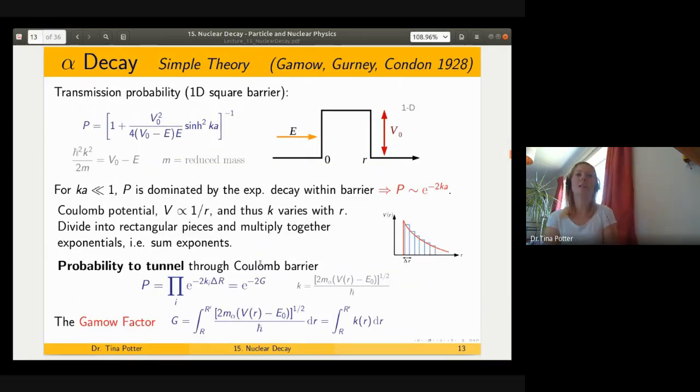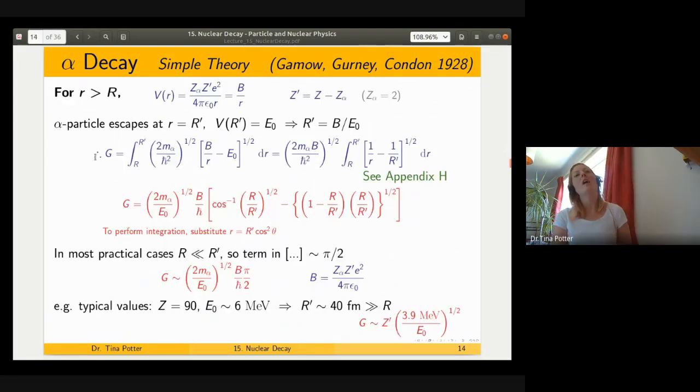So we can simply integrate over this Coulomb potential over the distance that it's going to experience. This is our Gamow factor. It's going to depend on the potential at some distance R as it's tunneling through, the energy of the alpha particle, and the radius as well. So we can do that integration.